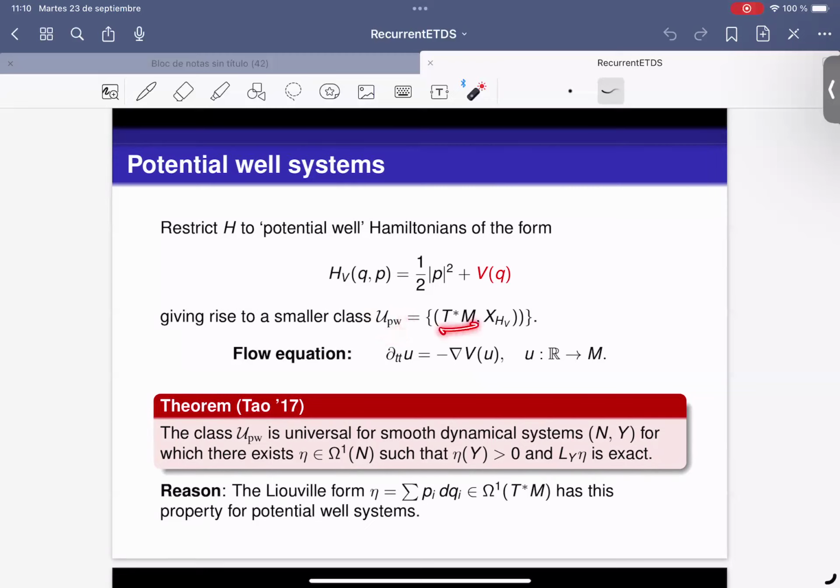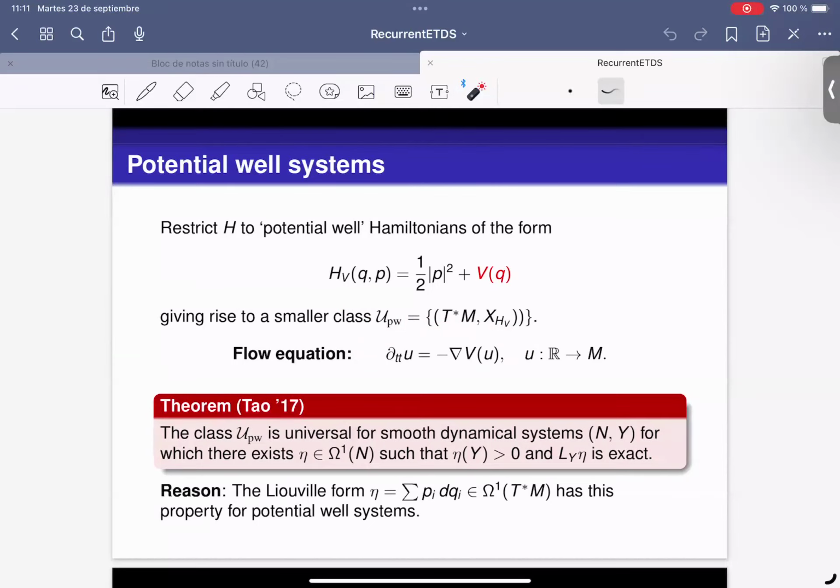Okay, these are tangent bundles, but only taking Hamiltonian vector fields corresponding to this kind of potential well Hamiltonian functions. Obviously, if you compute the Hamilton equations, what you get is Newton's law. This is the second Newton's law.